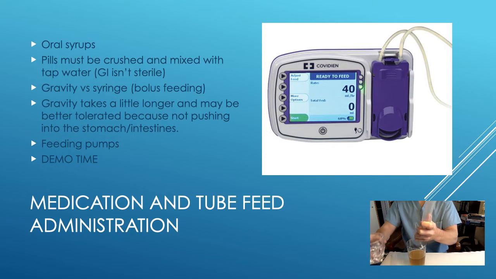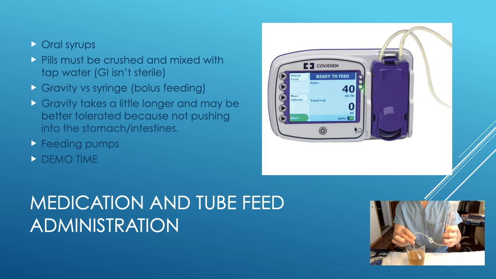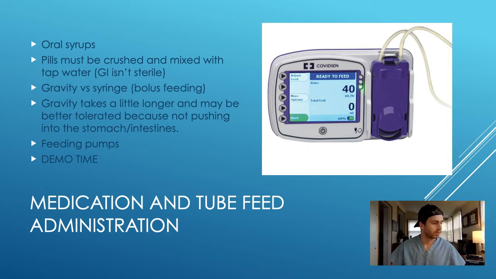You guys can see all that. And then I'm just going to pour. There we go. And it really depends on the gravity, but also this is what it would look like. So I'm holding it here, and it's going in. Okay, so that's gravity. And that's how you do that.